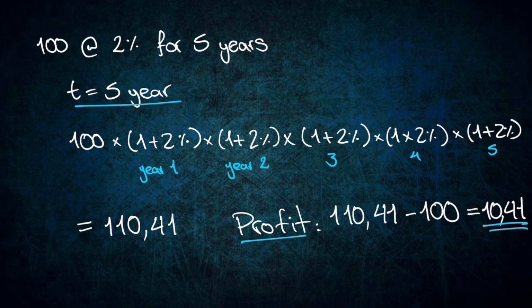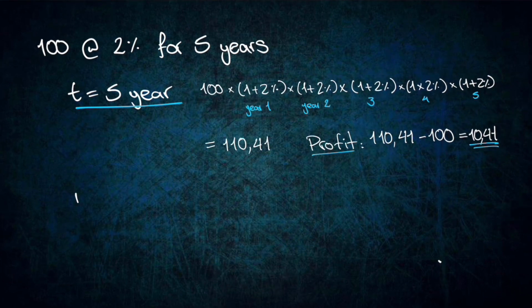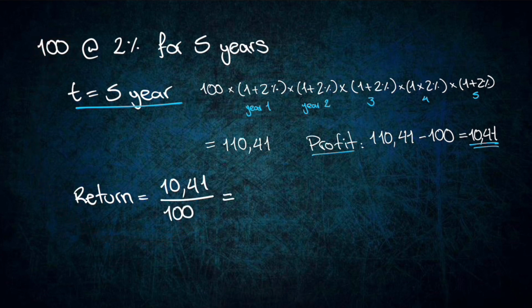Knowing this, what would be the average yearly return? Let's find out our return by taking our profit of 10 euros 41 cents and dividing it by our initial investment of 100 euros. We will get 0.1041, or what is the same, 10.41%.